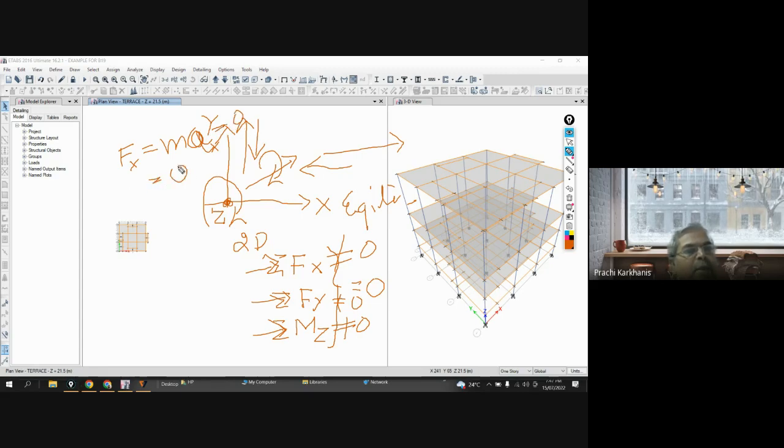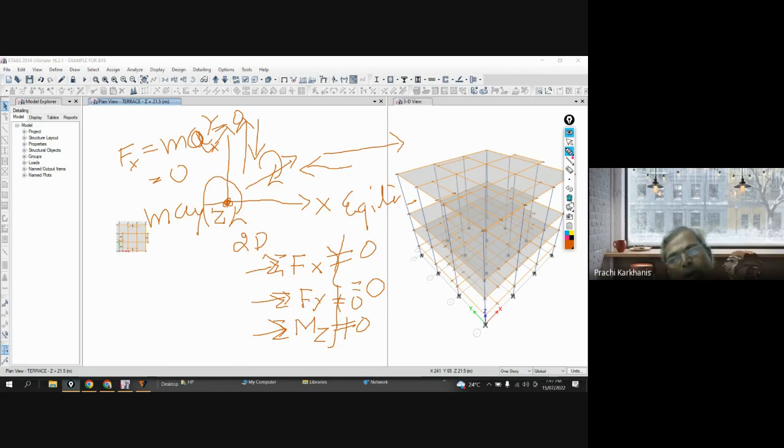That means there is no motion in the direction of x. Similarly, if Fy is 0, that means m into ay is 0. And what about rotation? Then we say that the rotational moment is 0. Okay. So that's why we call this the equation of static equilibrium.